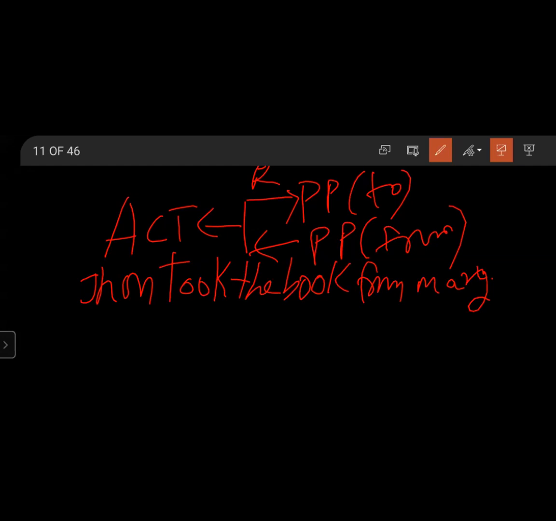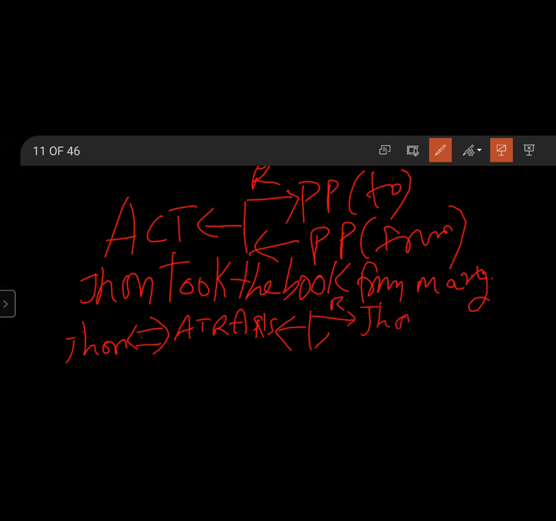In CD representation, John, the book, Atrans, Atrans, R, John, Mary, book, object, subject.